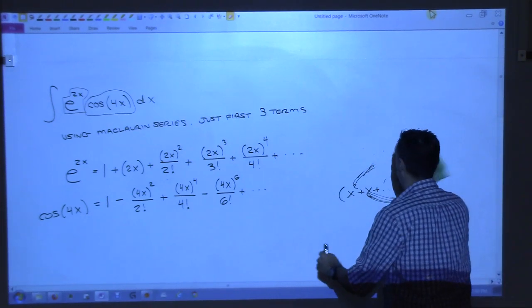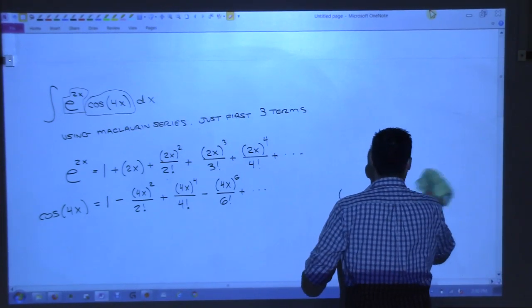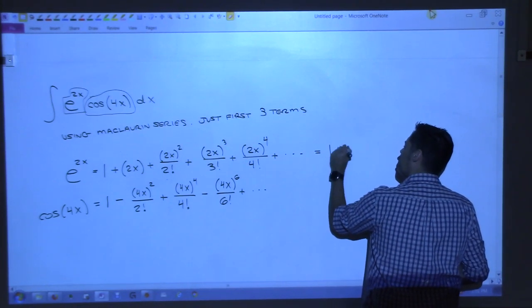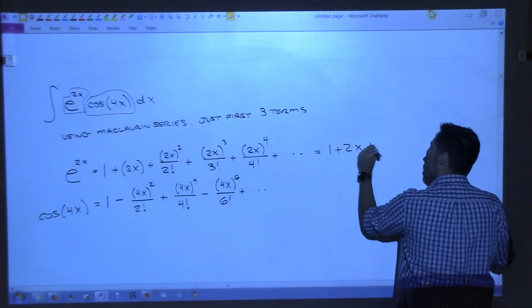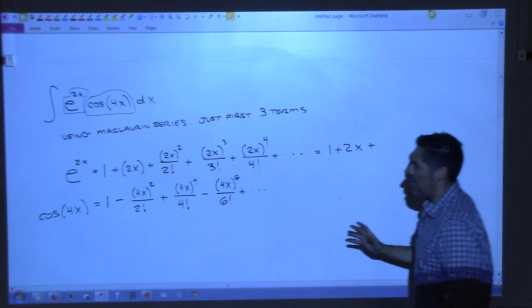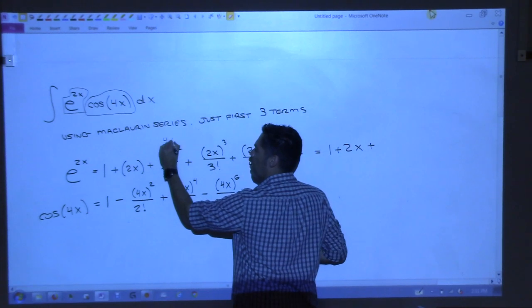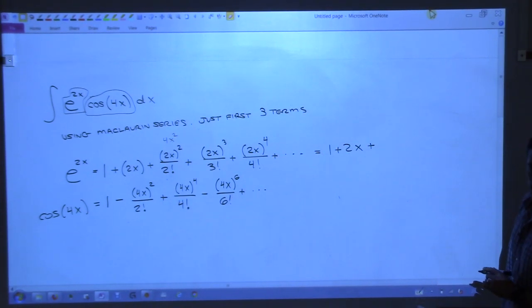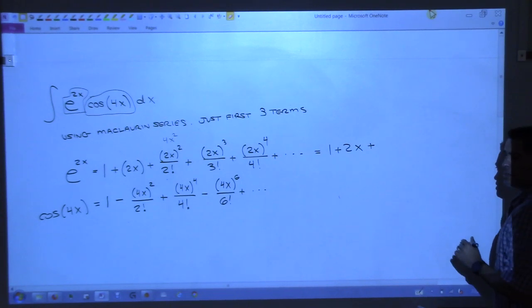Let me clean these up first a little bit. What would this be equal to if we clean it up? 1 plus 2x plus, what would that next one be? Let's actually work this out. This is 4x squared over what? Over 2, right? Which is really 2x squared.